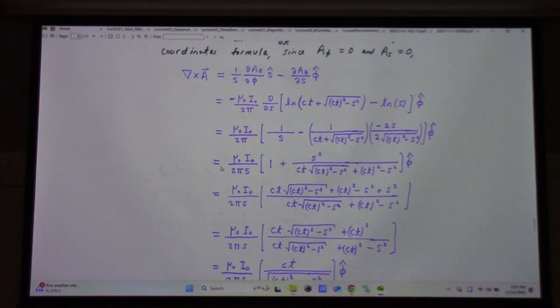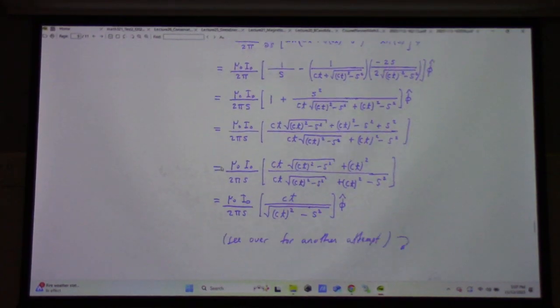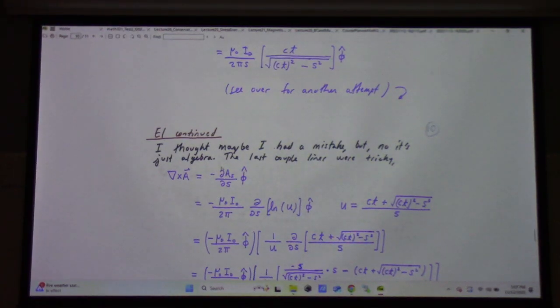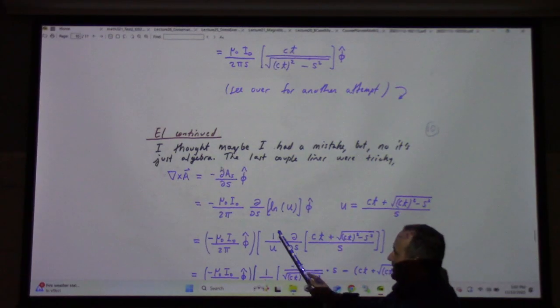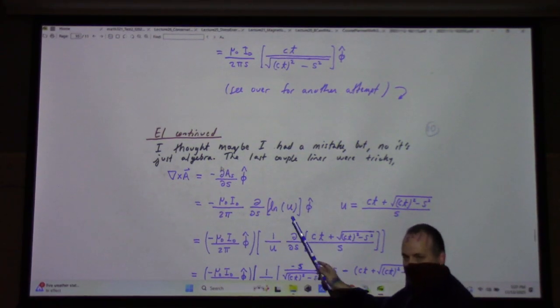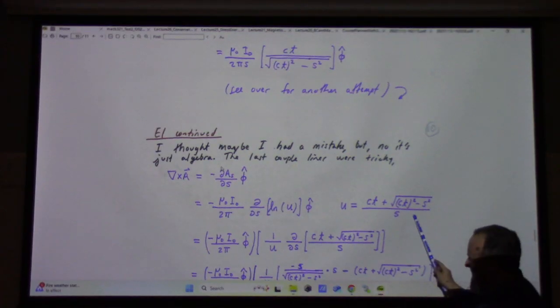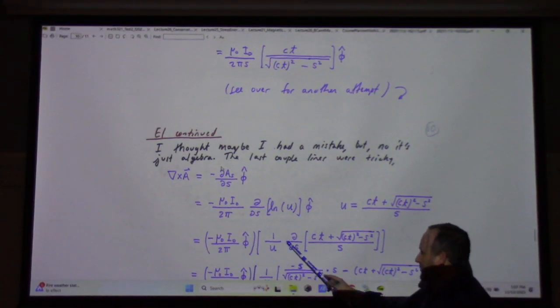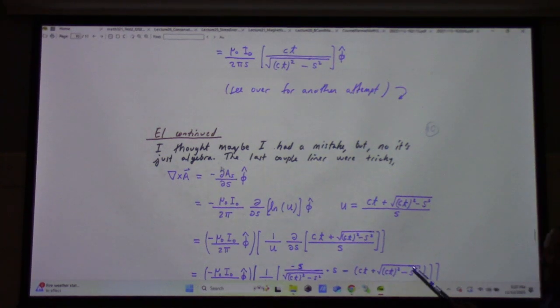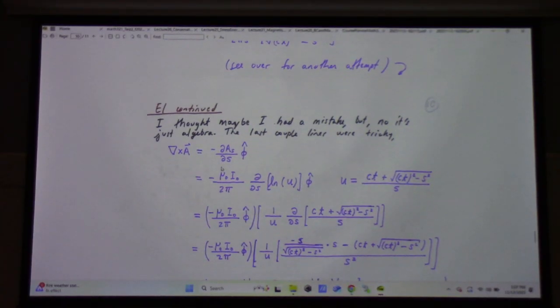So then I decided to try to do the differentiation a different way, at which point I became more careless and wrote A sub s rather than A sub z, which is really what I was doing. And I decided it'll be better if I make a u to guide my work. So I invented the letter u, which is this thing. So 1 over u times the partial of u, that's the chain rule, right? Okay, didn't make a mistake there yet. Then I differentiated it. And then I had this nagging feeling like it's just taking me back to where I just was a second ago.